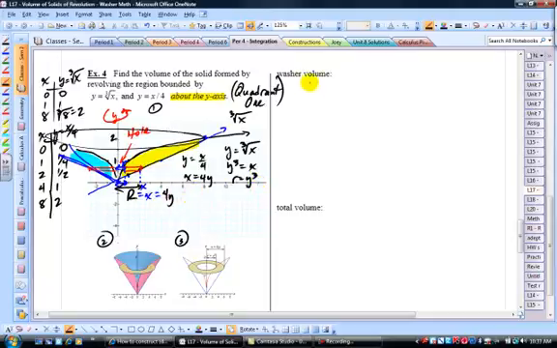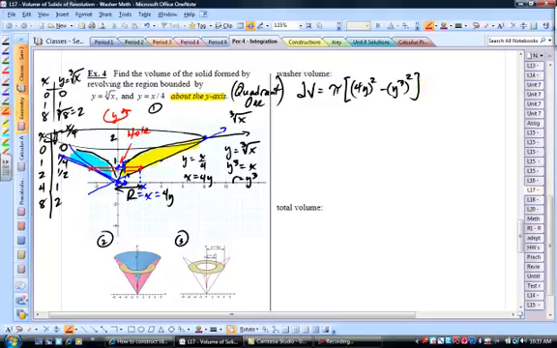So my washer volume for this particular cross-section, remember a washer is just a disc with a hole in it, is found by taking pi times big R squared, which is (4y) squared, minus little r squared, which is (y cubed) squared, times how thick it is.